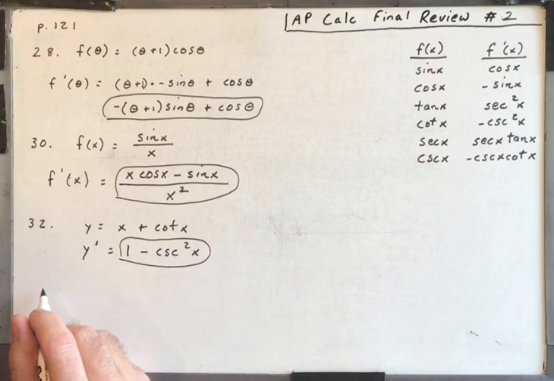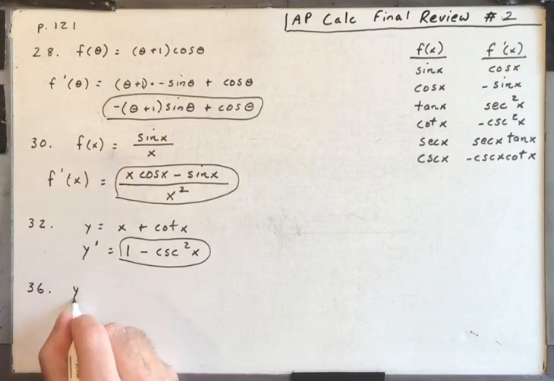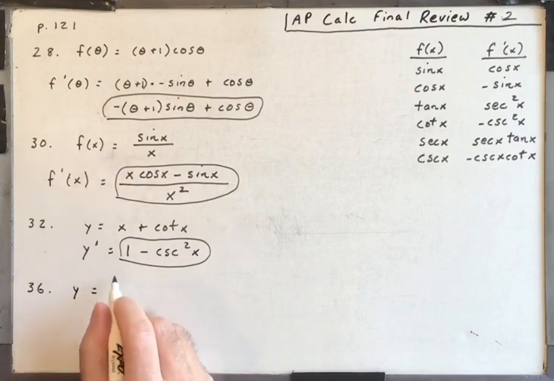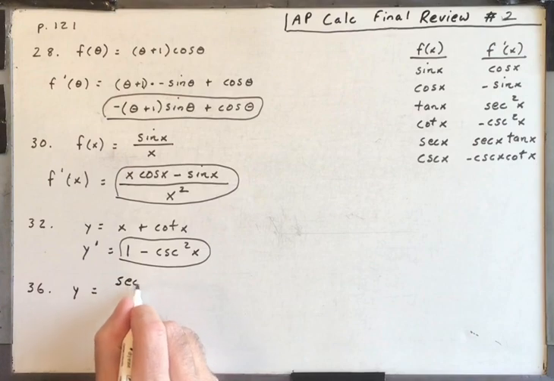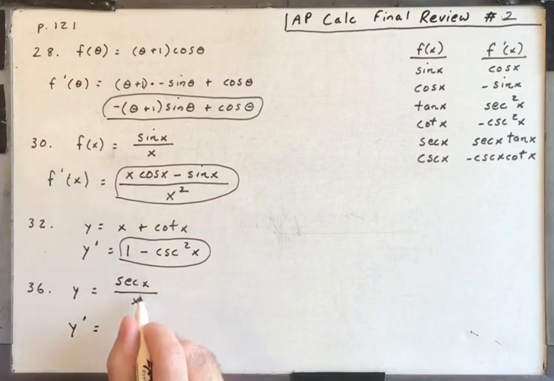All right, the next one is number 36. So number 36, we have y is equal to secant x over x. So this is the quotient rule.